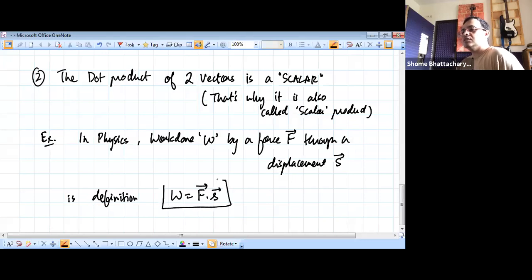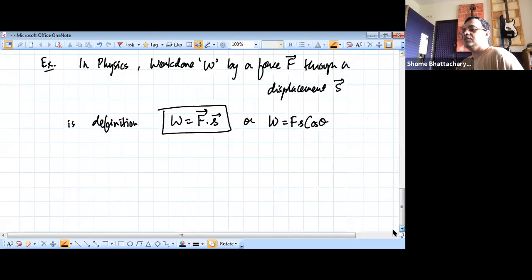Okay. Now you can see in this that the work done becomes F into S into cos theta. So you can see in this equation, the left hand side is work done, which is a scalar quantity. Why is it a scalar quantity? Because this is magnitude of force.